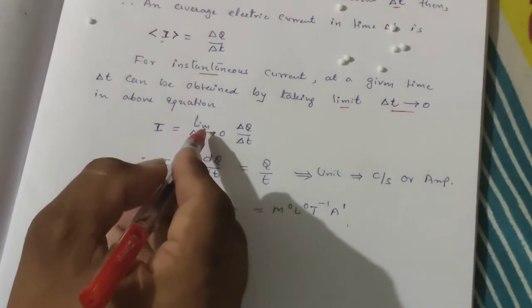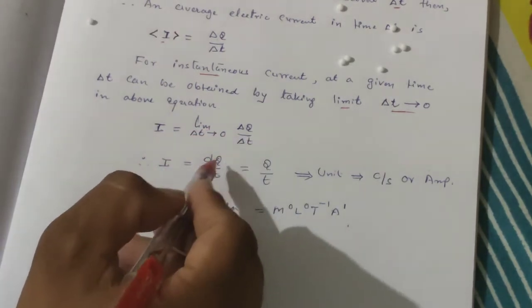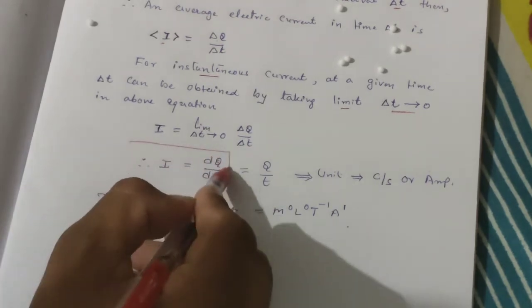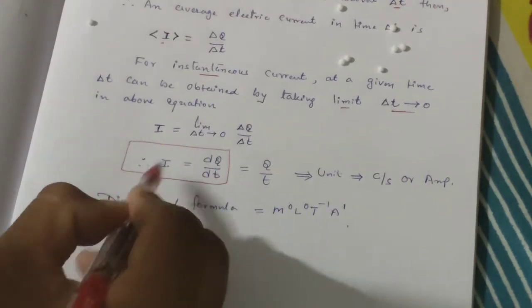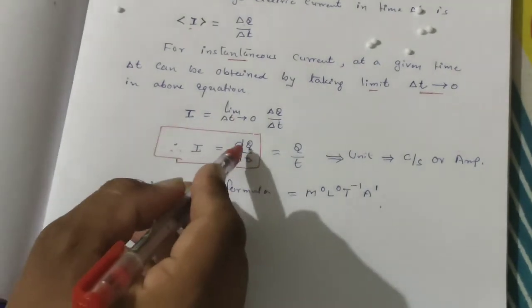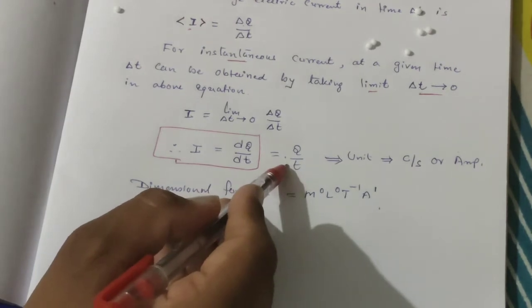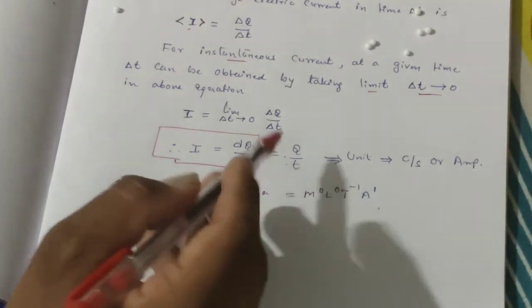Now while we are taking the limit, as per mathematics, the limit converts to differentiation form. So the equation of electric current is I equal to dq by dt, or simply charge per unit time. Remember, simply charge per unit time.